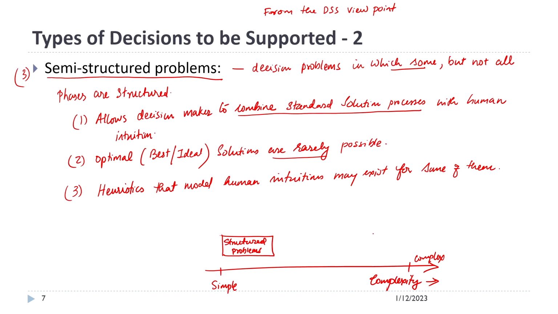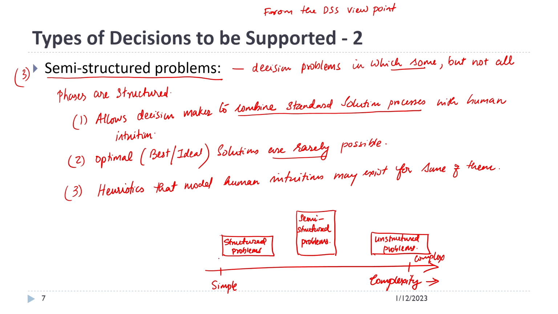Then you have really unstructured problems at the other, extreme end. Somewhere in between is what I call the semi-structured problems. So this is how you can think about it.